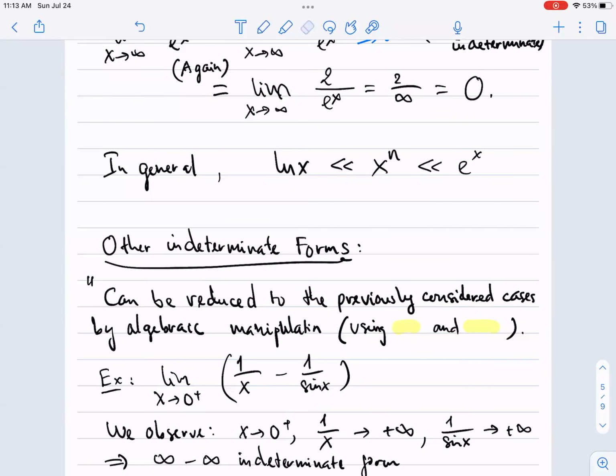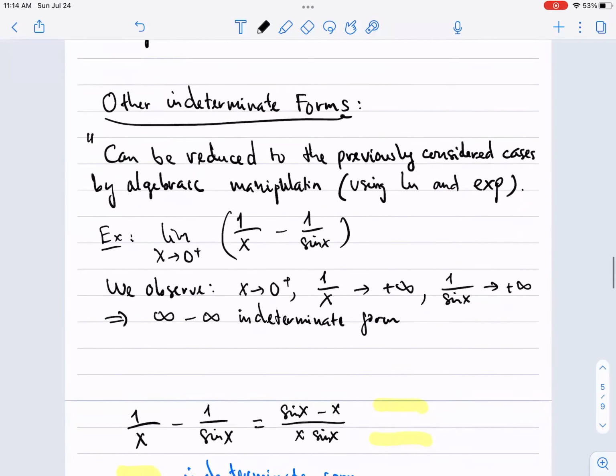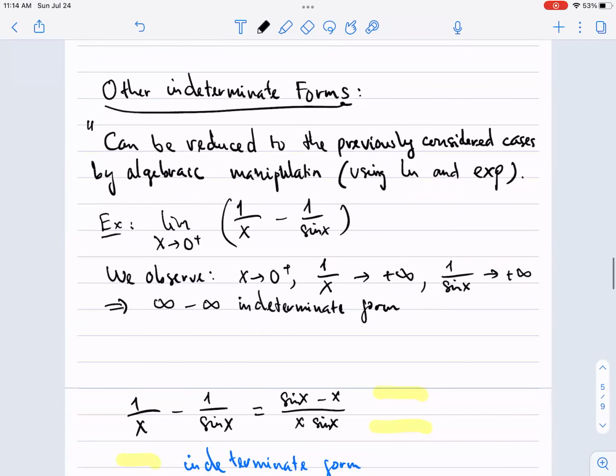That is, we can use the logarithm function and the exponential function to manipulate some expression to reduce it to one of the two previously considered cases.